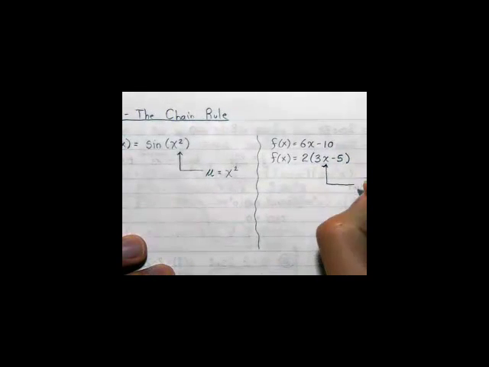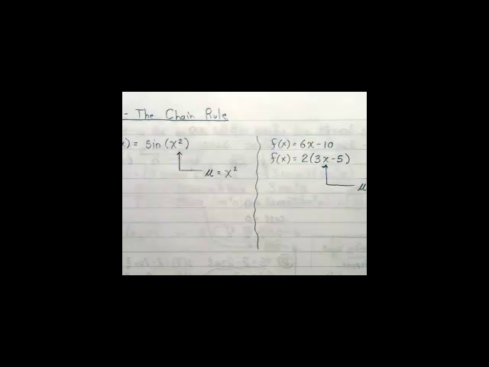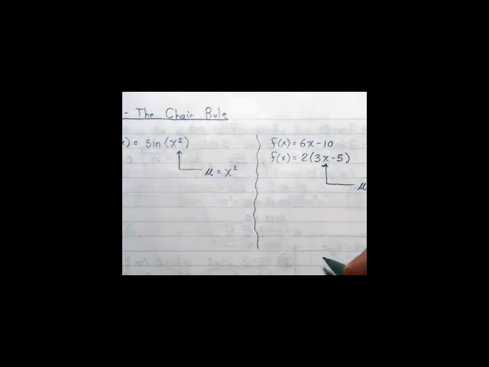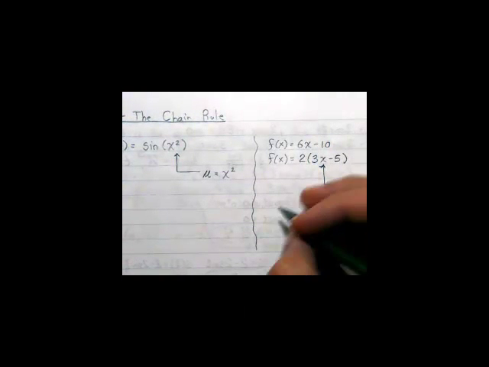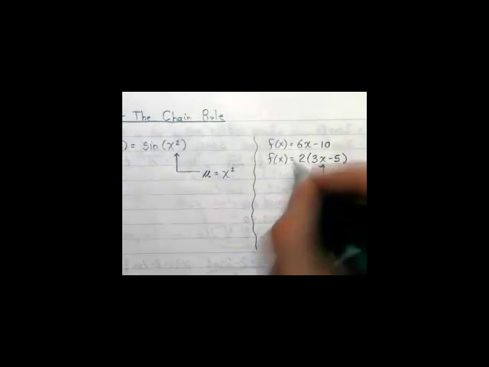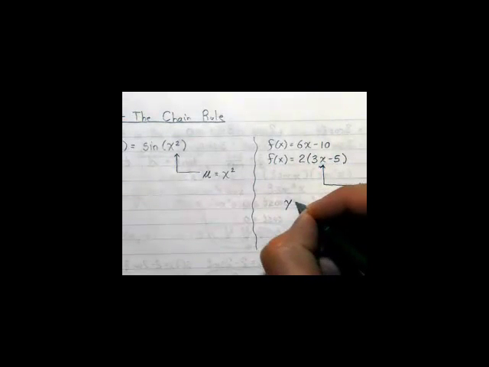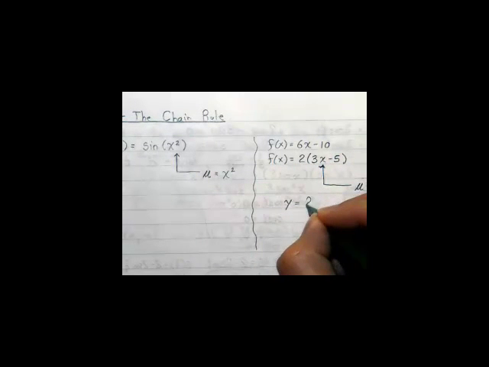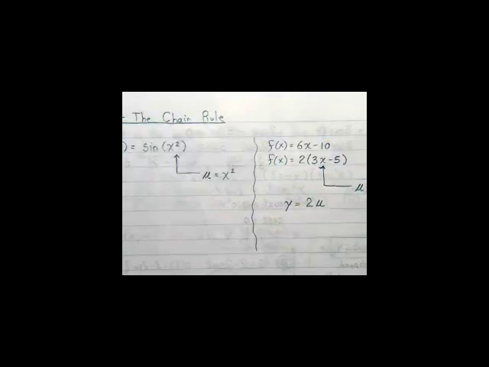So my u, in this case, is 3x minus 5. If I do that, then I end up with a new function. I'm going to drop the f of x and just make it y, just so it's easier to look at. If I change that 3x minus 5 into a u, then y is now equal to 2u.